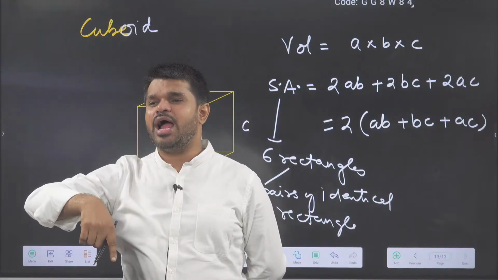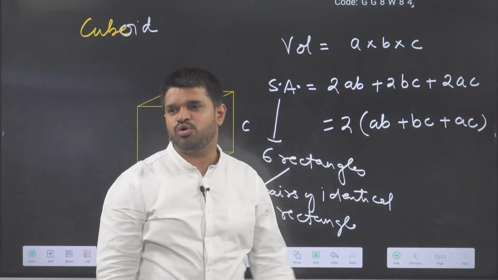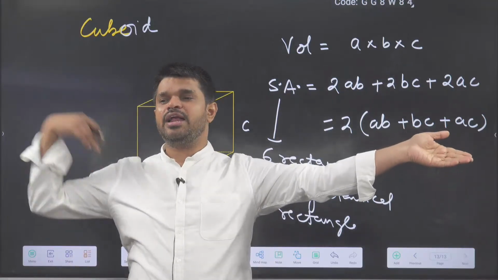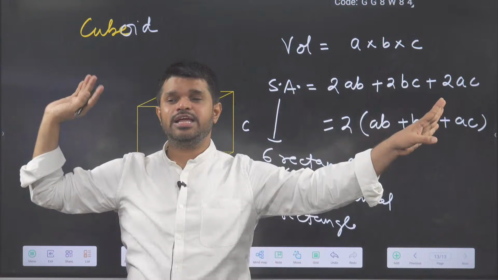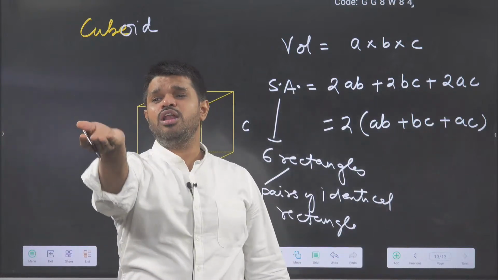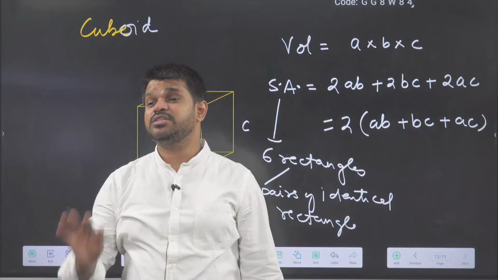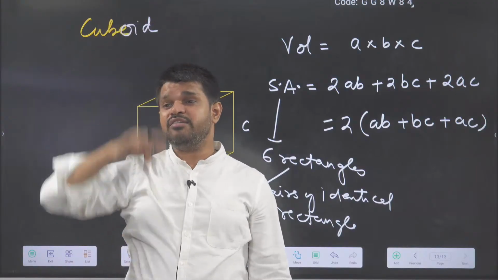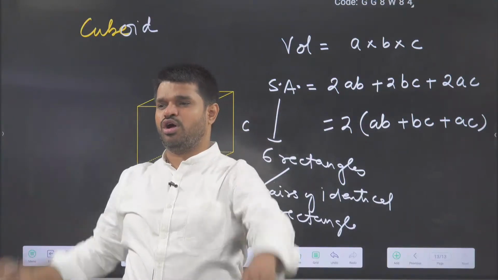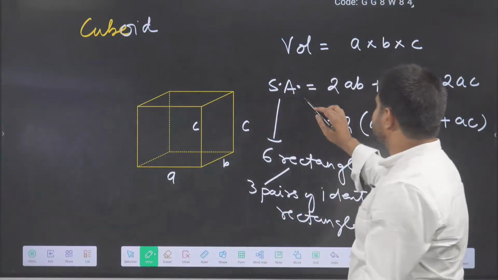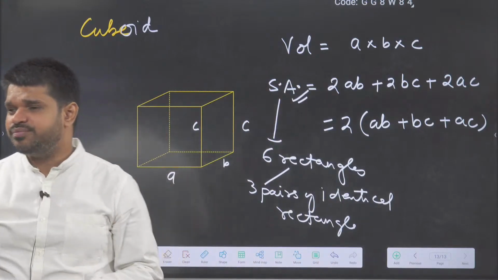Ceiling and floor are identical, so 2 times area of either ceiling or floor. Left wall and right wall are also identical, same size. Front wall and back wall are also identical. So how many total faces? 6. So this is the formula of surface area. Understood?